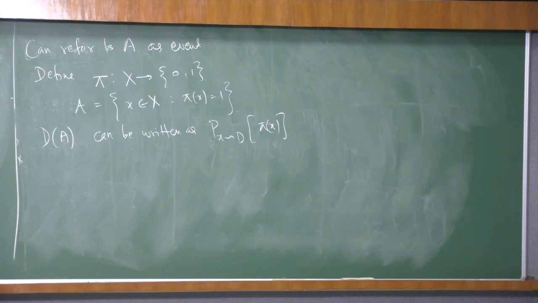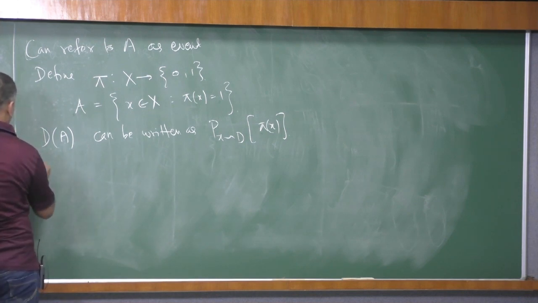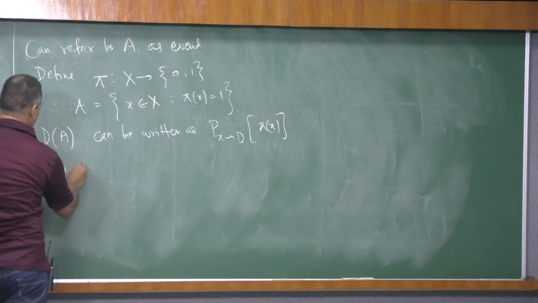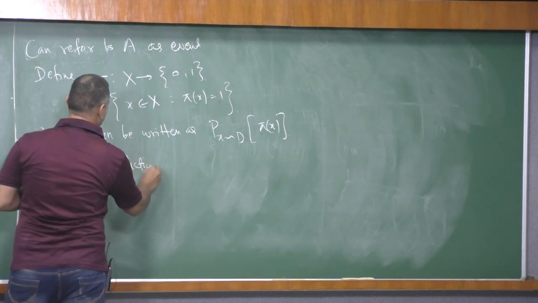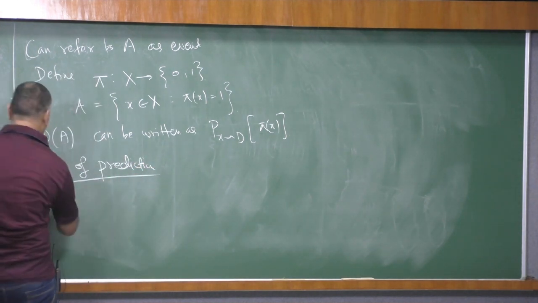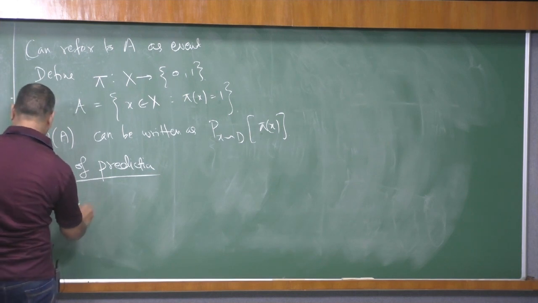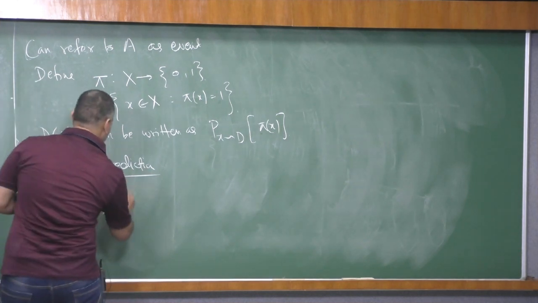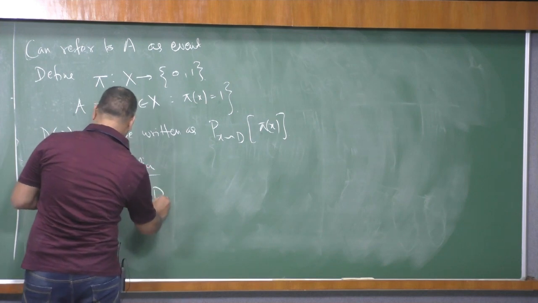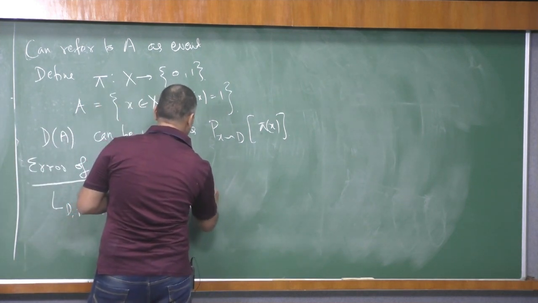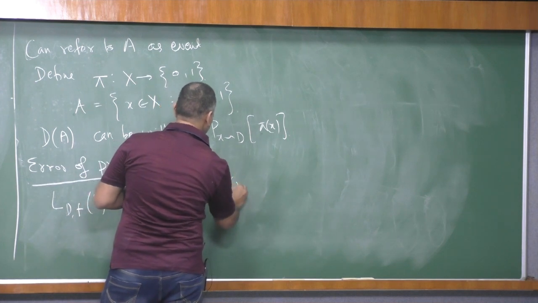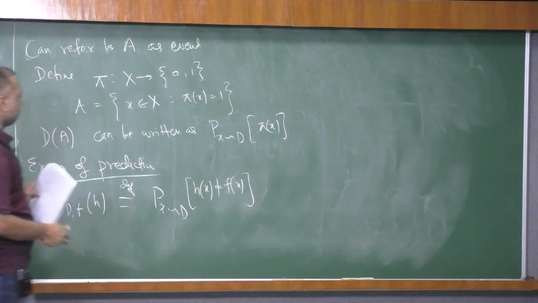Now with this notation we can define something called the error of the prediction rule. We can define L_D(f) as our error, and this is defined as the probability for x sampled from D wherever h(x) is not equal to f(x).